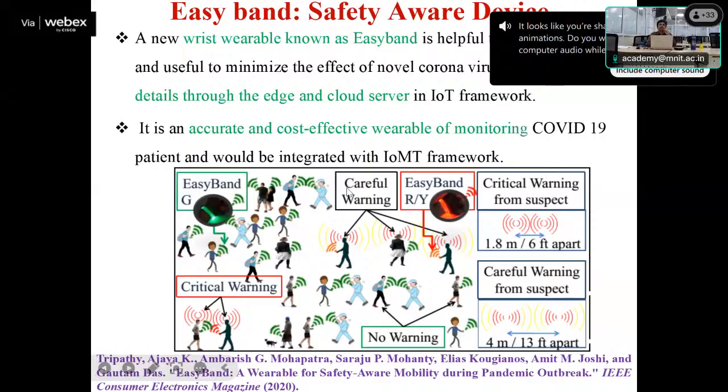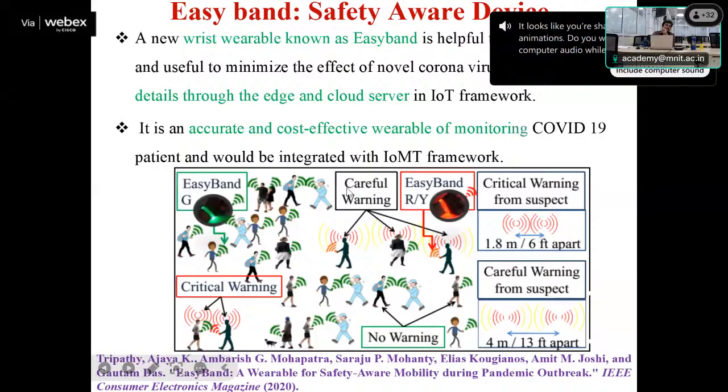For that, we have developed a solution, which is an easy band. It is a wearable band. The wearable band has three indicators: green, yellow, and red. The indicator suggests whether a person is COVID infected or not. If it is a red color, then the person is COVID infected. COVID people cannot roam around; the only thing is they cannot be in close contact with a healthy person.